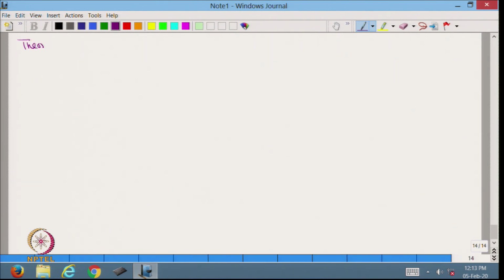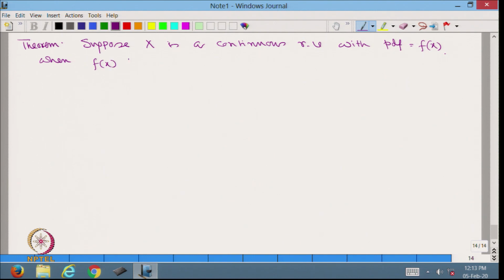Theorem: suppose X is a continuous random variable with PDF equal to f(x), where f(x) is greater than 0 in an interval a less than x less than b.